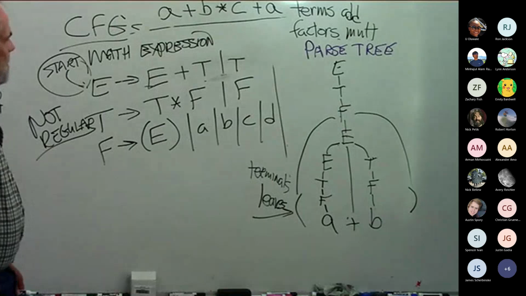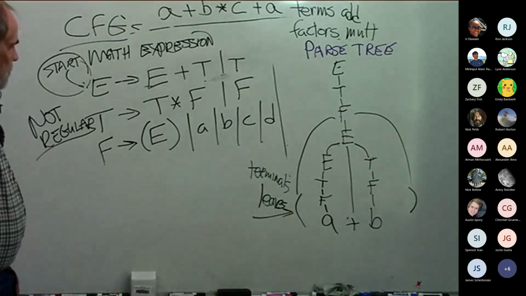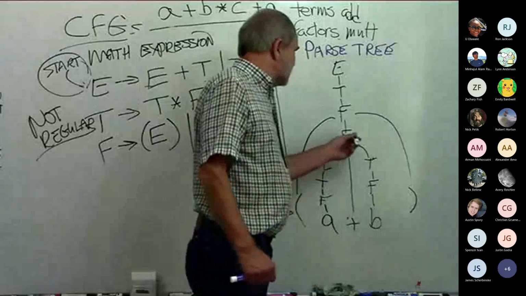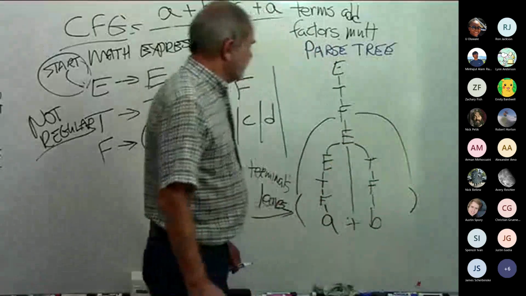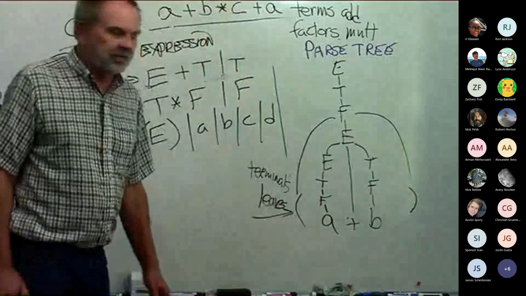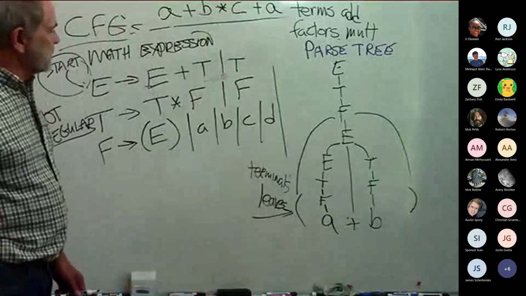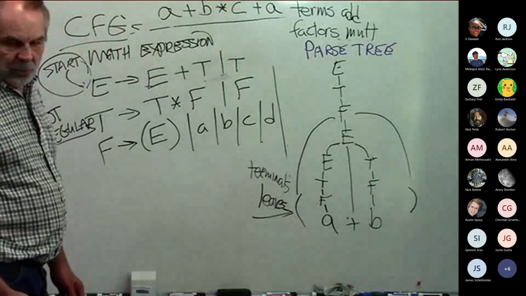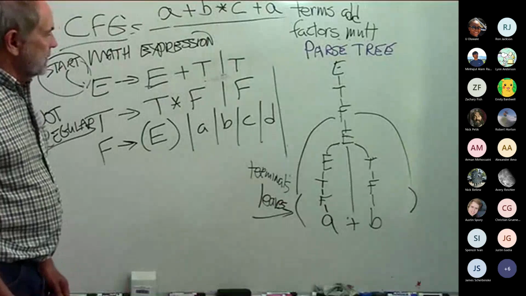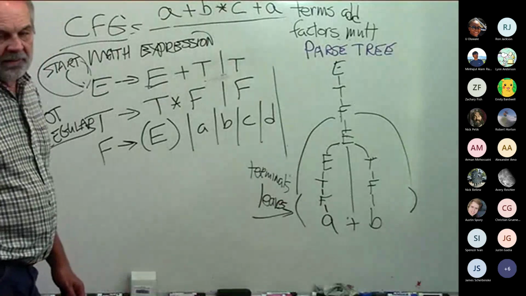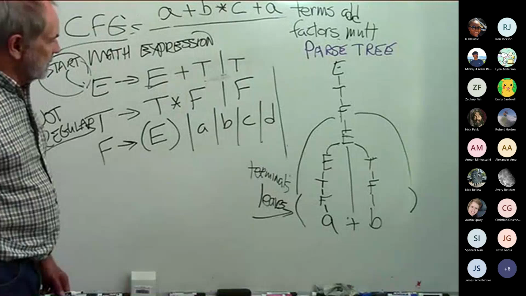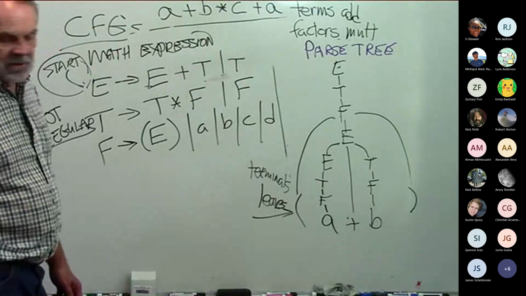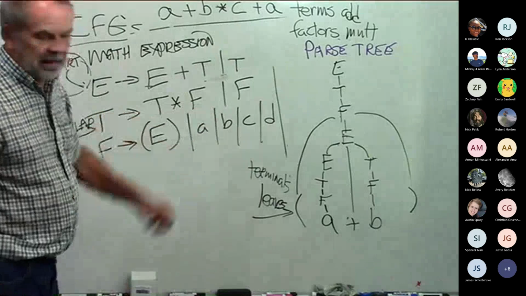Anything else? We can see F goes to open parenthesis, E close parenthesis from the children of F there. So we make up the tree by applying a rule and then making the children of that non-terminal, that internal node, be the individual elements of the right-hand side of that rule.